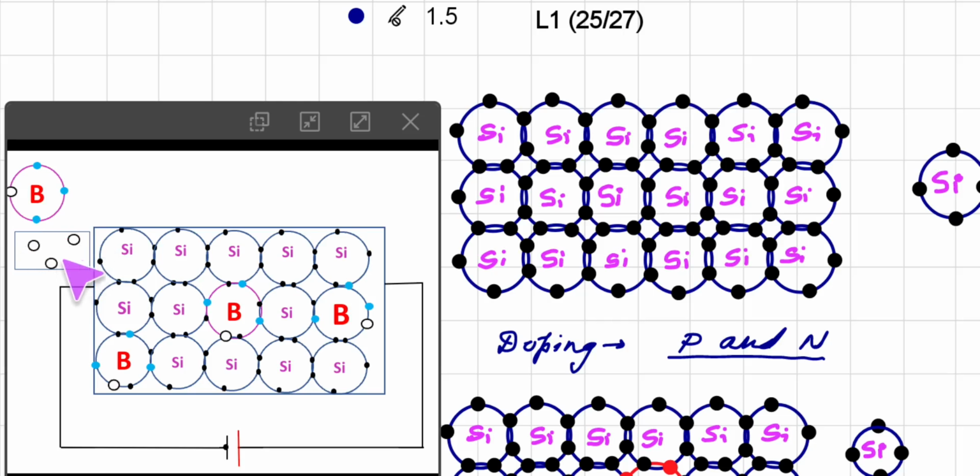So here there are holes, but don't forget, if thermal energy is given, some electrons will get free, and that electron will remain in this region, and they are the minority charge carriers inside this slab that you remember.